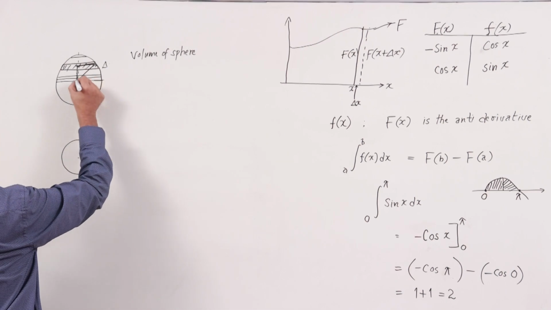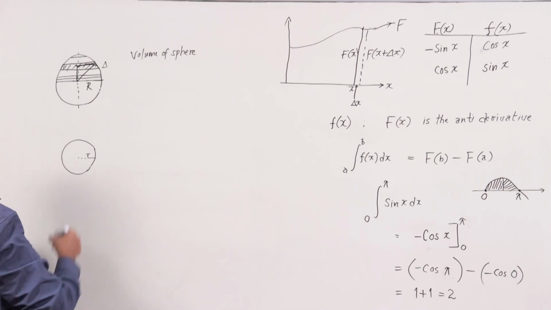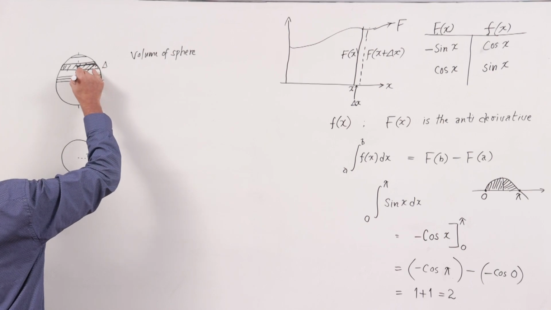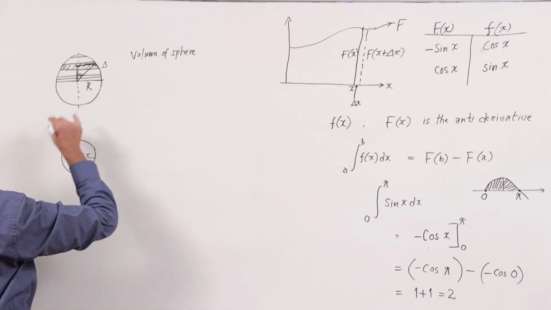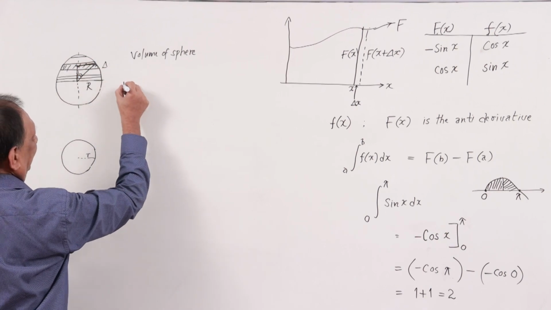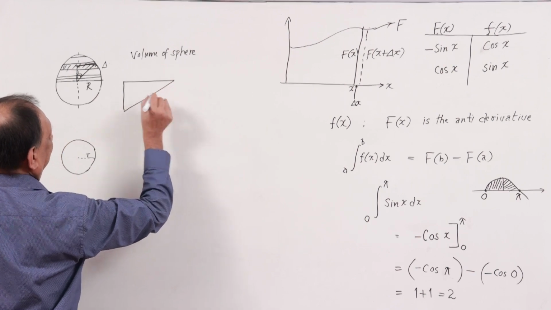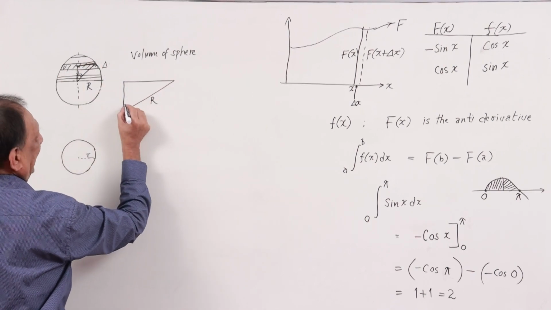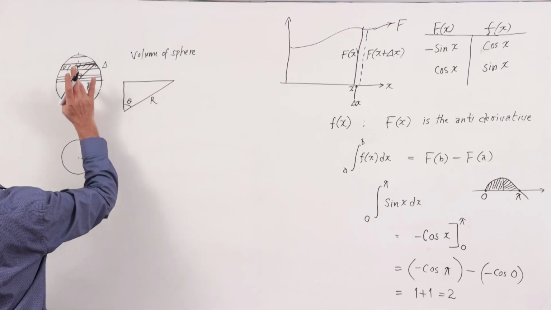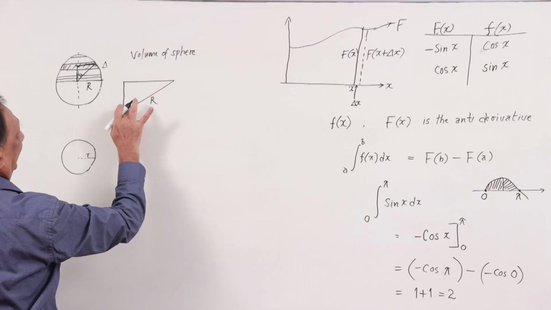Supposing the original radius of the sphere was capital R, which is the same as this diagonal, and I got an angle here. This angle you can call x. That angle is x. Okay. So what I have is something like this. I'll show it separately. I got the R, which is the radius of the sphere, and an angle theta, you can take it as the upper angle or the lower angle, it doesn't matter. We can take it as the lower angle only.